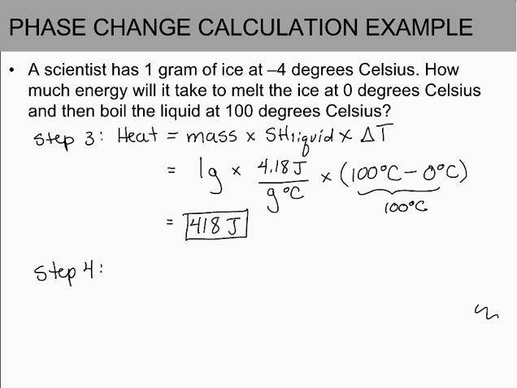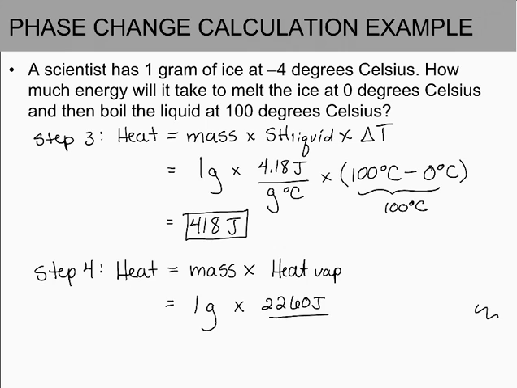All right, now step 4. For this step, we're boiling the water, so we're going to use that third equation we saw, where heat is equal to mass times the heat of vaporization. The mass again is 1 gram, and the heat of vaporization for water we saw earlier is 2,260 joules per gram.